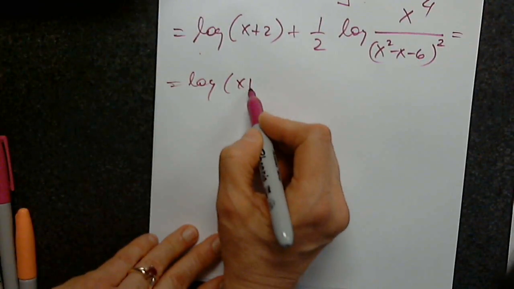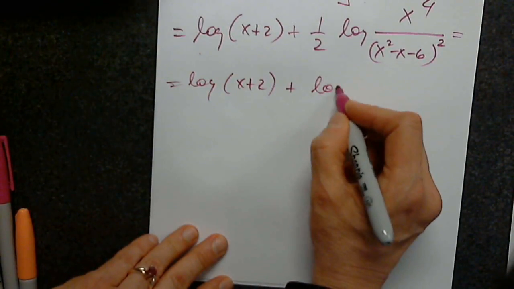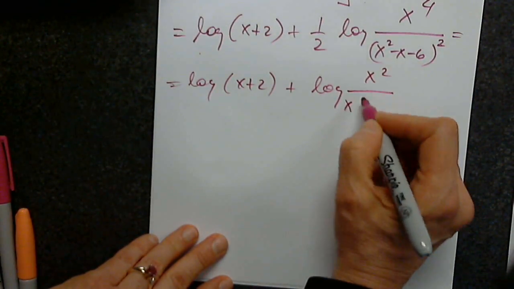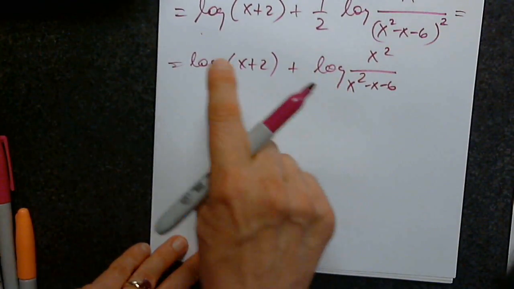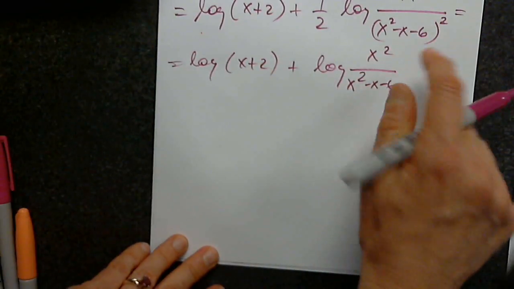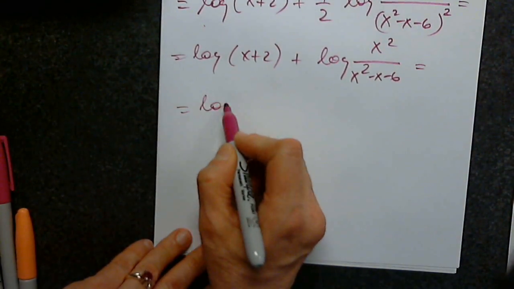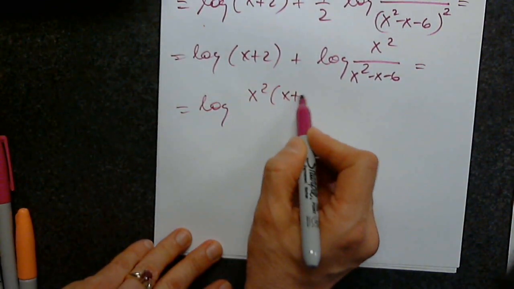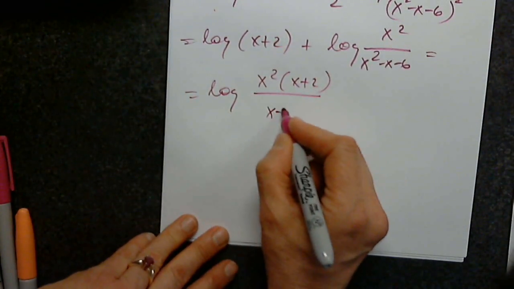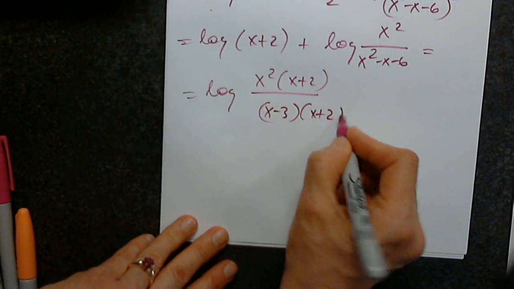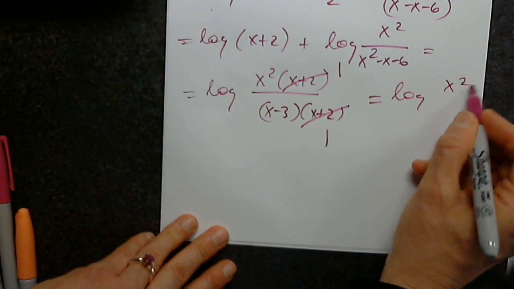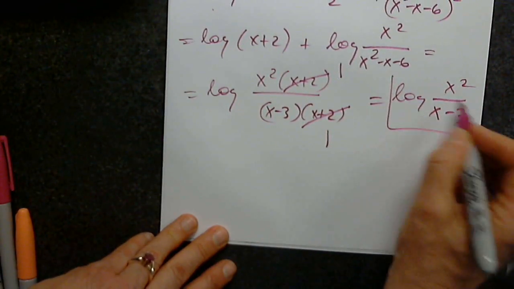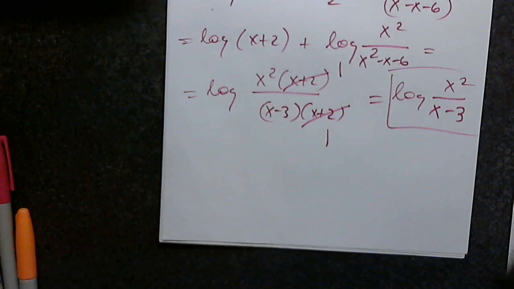So log x plus 2 plus log x squared over x squared minus x minus 6. It's plus, plus, this goes to the top. Log x squared, x plus 2, x minus 3, x plus 2. And this is log x squared over x minus 3. Any questions?